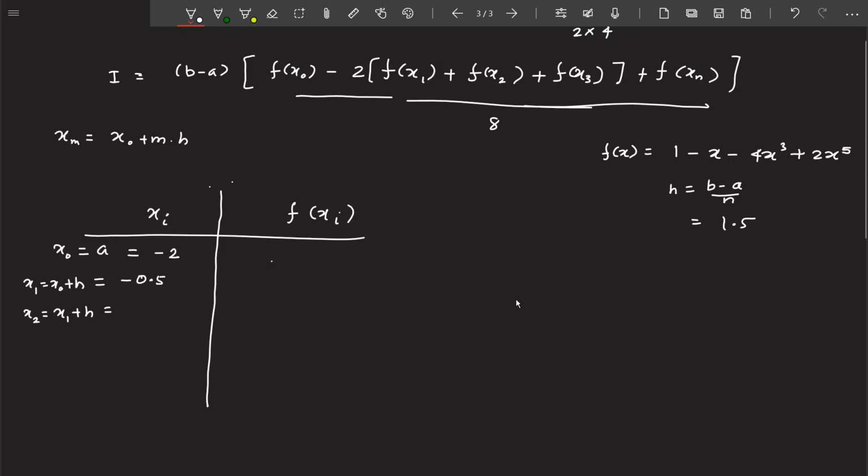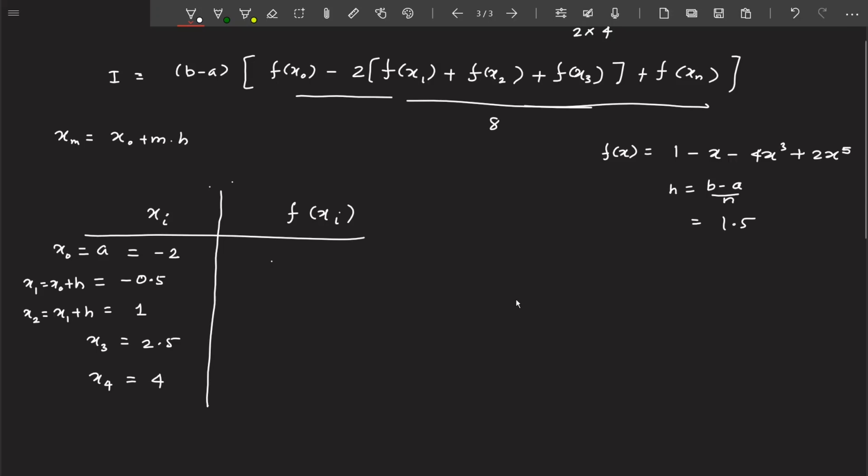That is going to be −0.5 plus 1.5, that comes out to be 1. Similarly, your x3 is going to be 2.5, and your x4 is going to be 4.